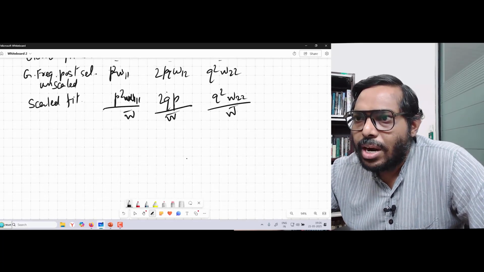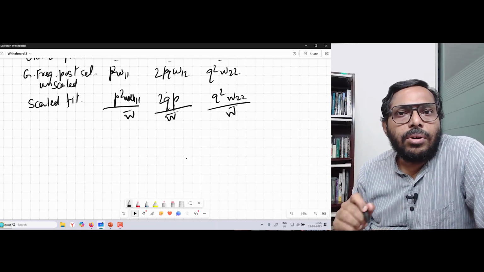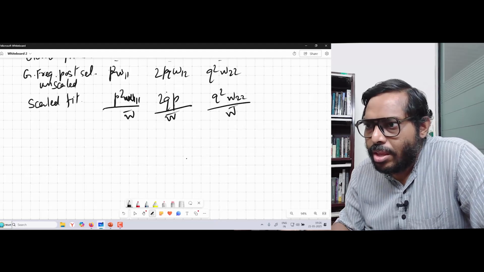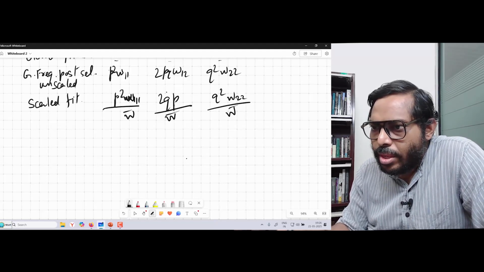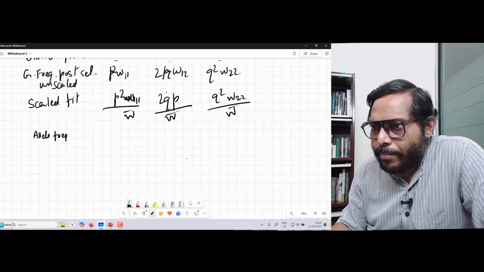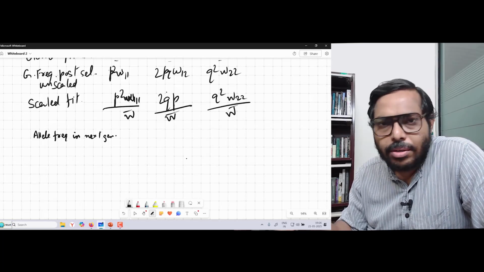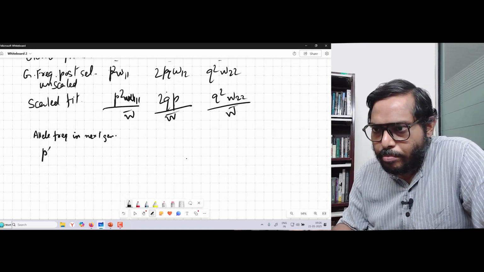Remember, we started with trying to figure out the recursion of P due to selection across generations. So these are the things that we have got. So now the allele frequency in the next generation, among the offspring, we will call that P prime.